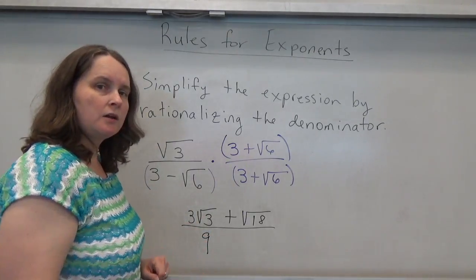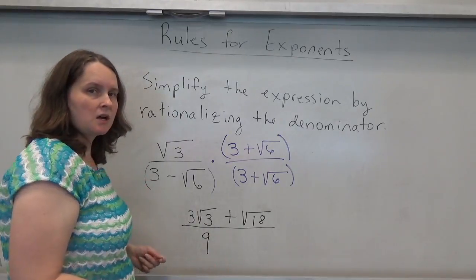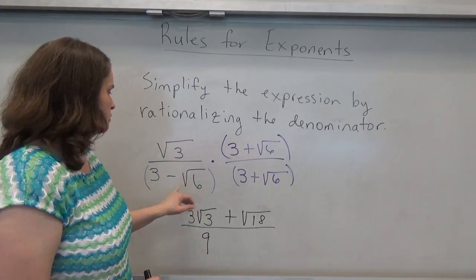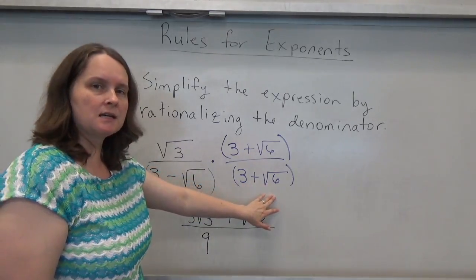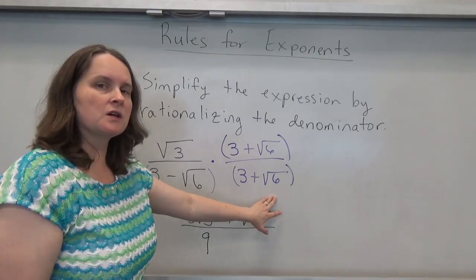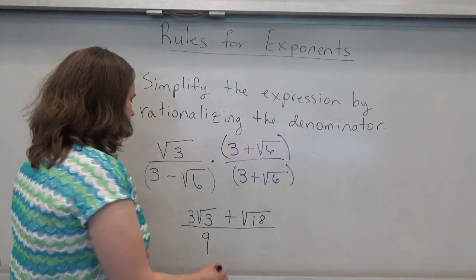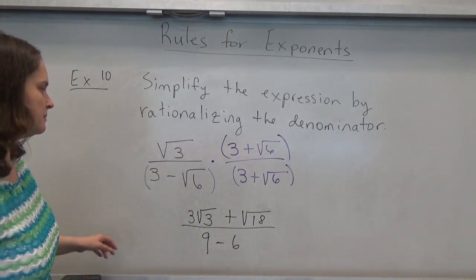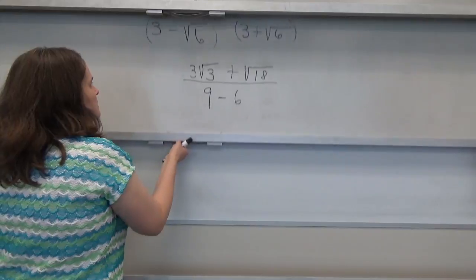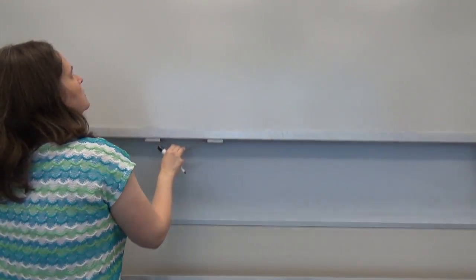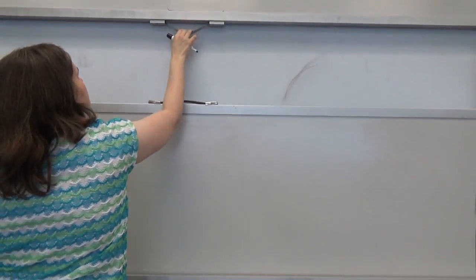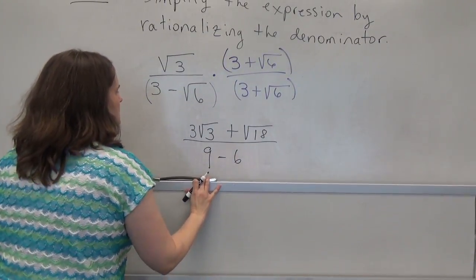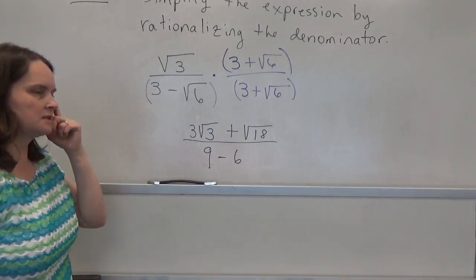You can FOIL this out if you need to, but we know because these are conjugates, the middle terms will cancel out for us. So all we have to do is look at the square root of 6 and the square root of 6. Multiplying those together gives us 6. So minus 6. And then to simplify this, what can be done in the numerator to simplify?